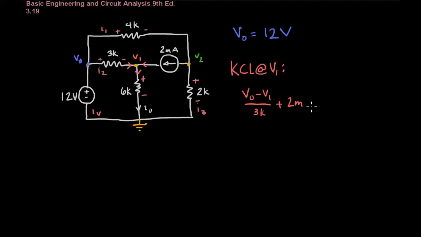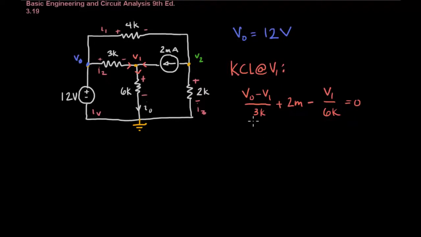And then going out of the node, we assign a negative, and that's going to be V1 minus 0 because of our current. Again, it just happens that V1 is a higher potential than our ground, so it's going to be V1 over 6K equals 0.